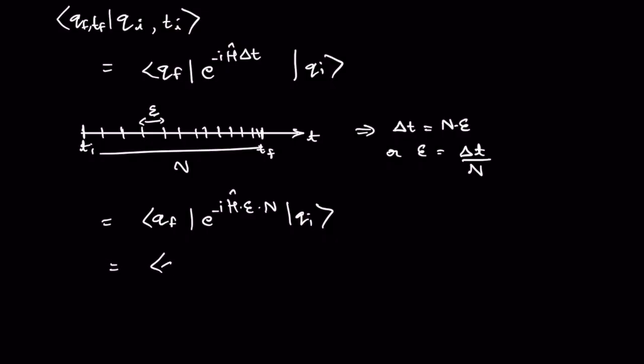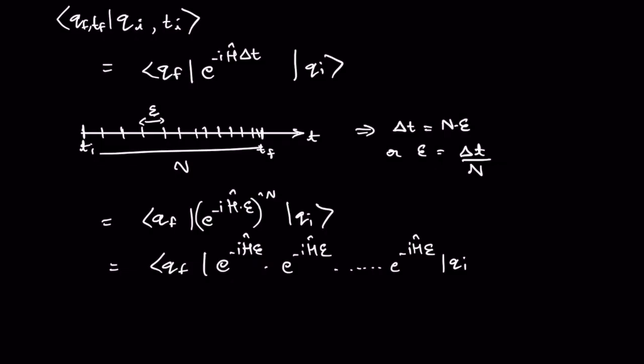We're going to write this as ⟨qf| e^(-iHε) raised to the power n |qi⟩. Multiplying by n is essentially like taking the exponent of n, so we multiply this single operator e^(-iHε) by itself n times, and of course sandwich it between the qi state.